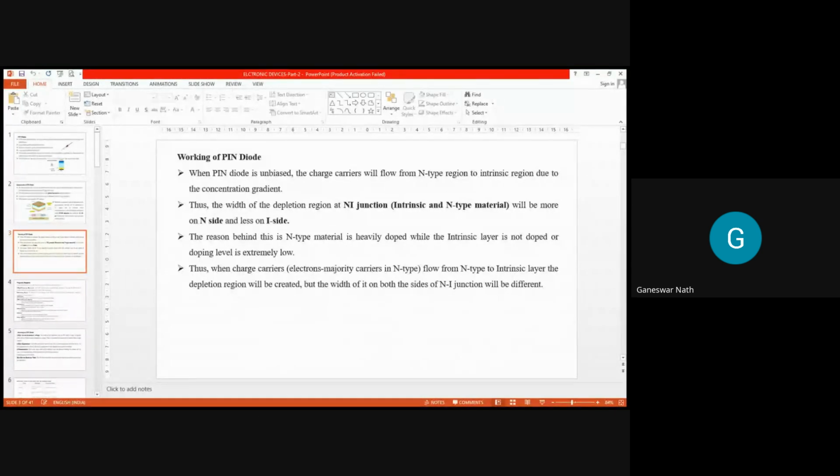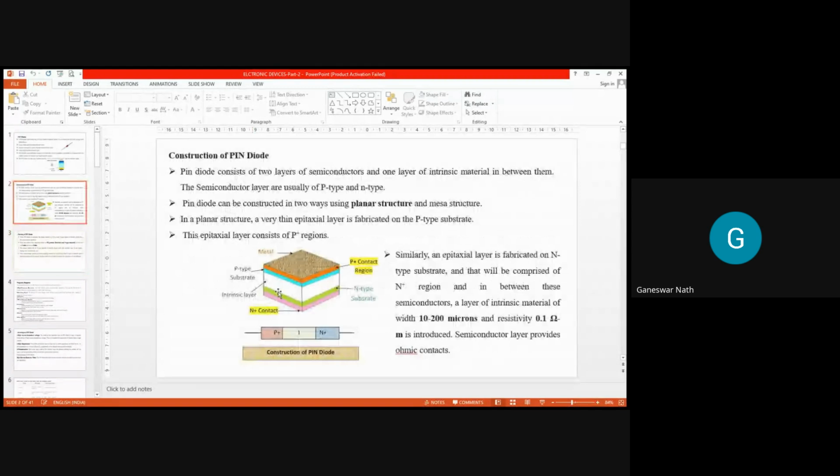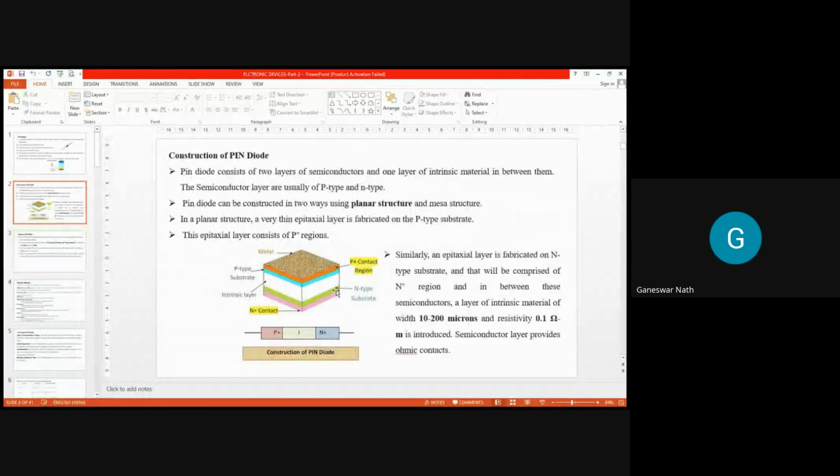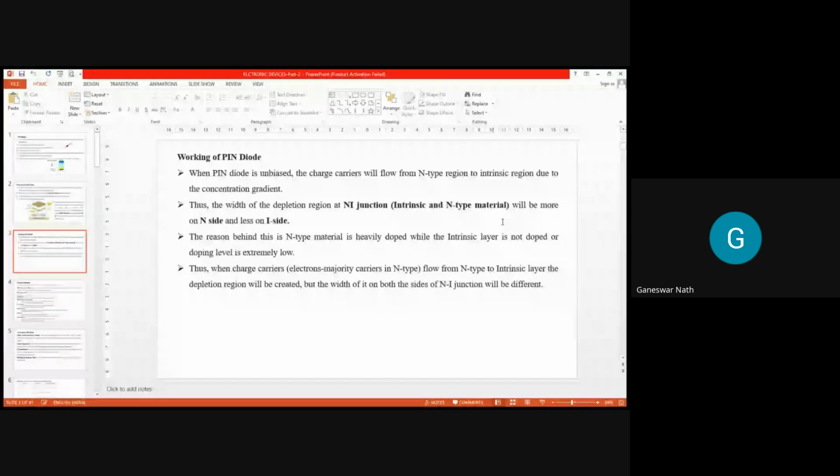So all of you can mark here one thing. You can see that when there is flow of the charge carriers from this P plus to the N region, there is a depletion region, which is formed at the NI junction. N is this one, and this white is I. So at this NI junction you can find a depletion layer. This depletion layer will be more on the N side, because the N side is heavily doped, and the I side is poorly doped.